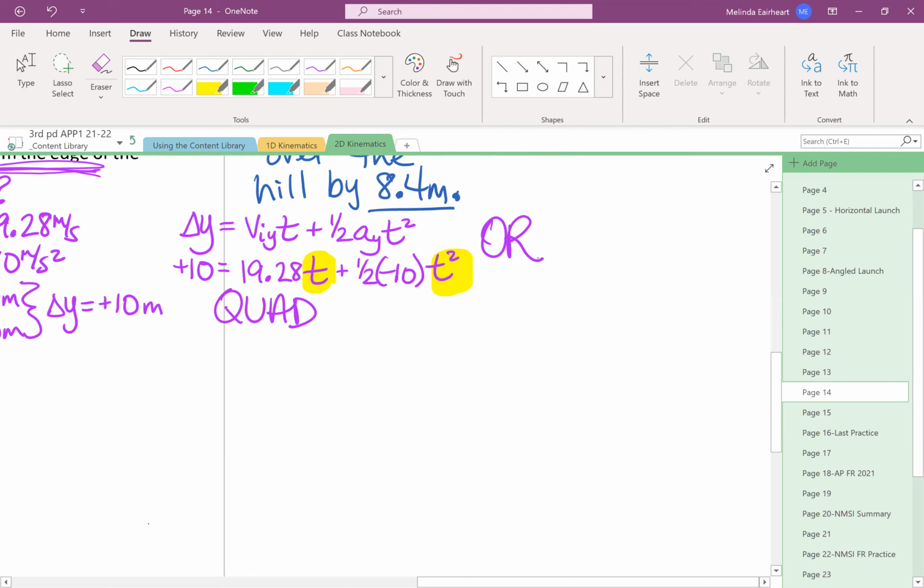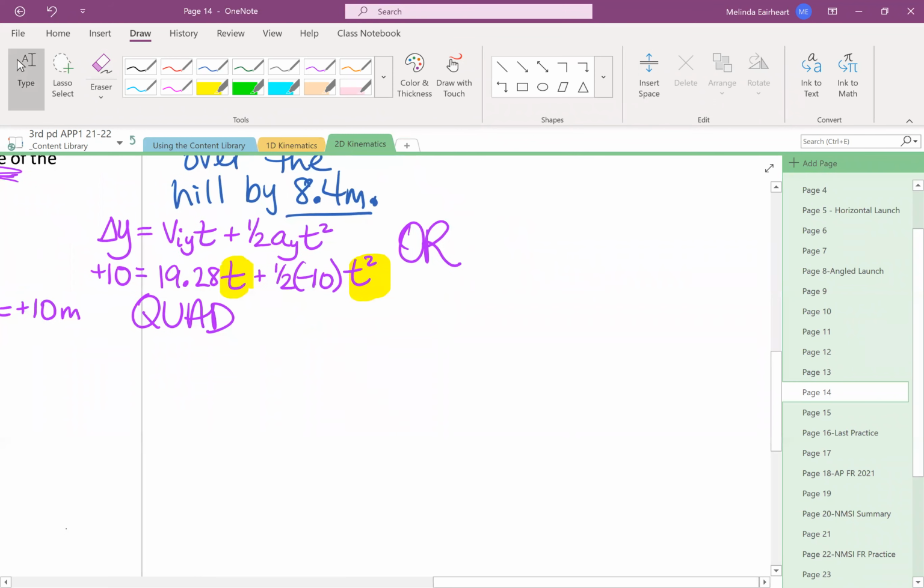Before I find time, what's that other unknown variable? What else don't we know? We chose that equation because we didn't know final velocity. But what if we find final velocity first?